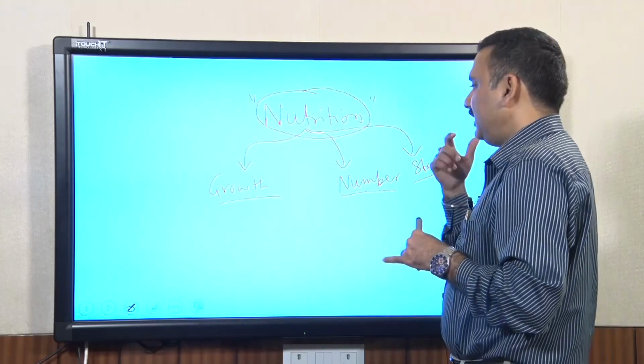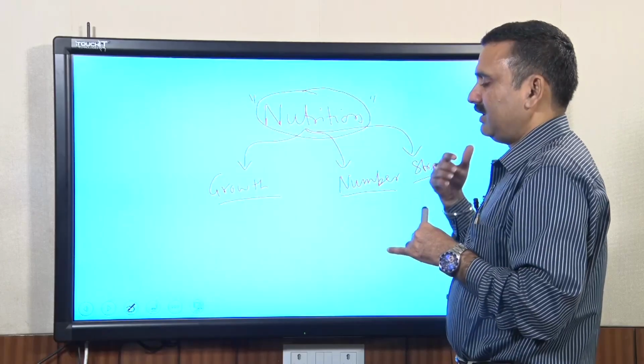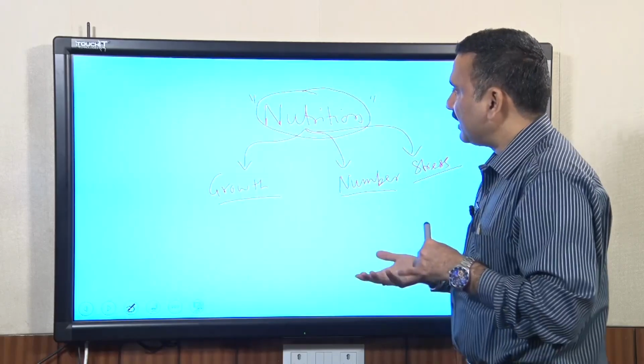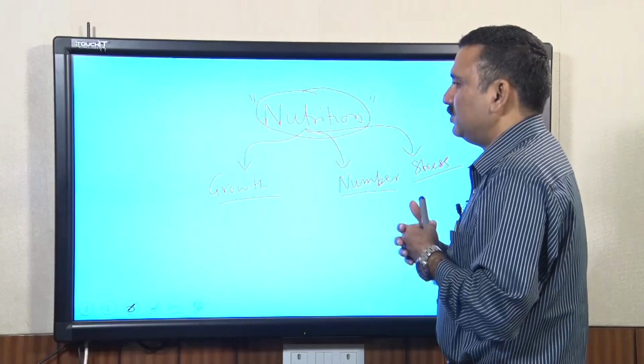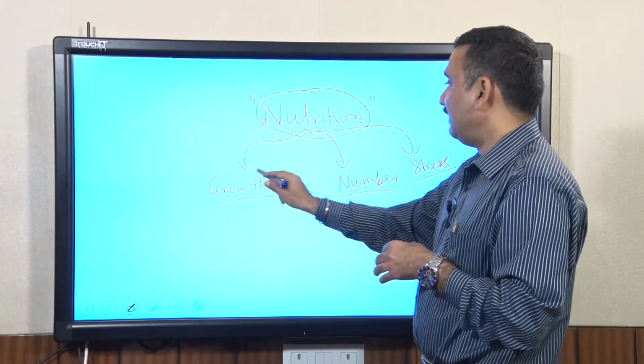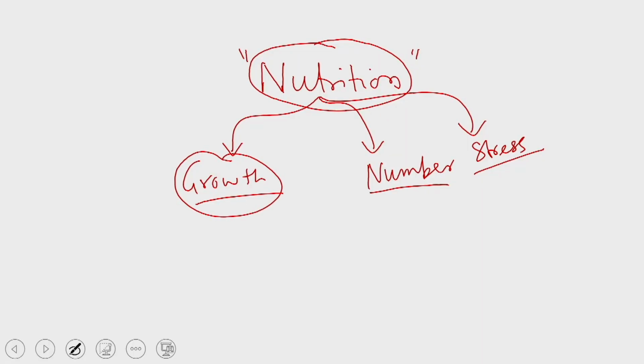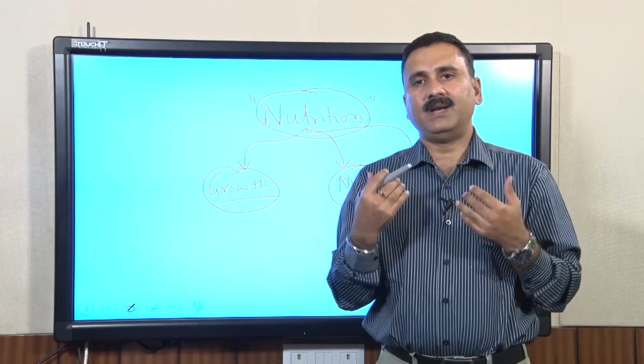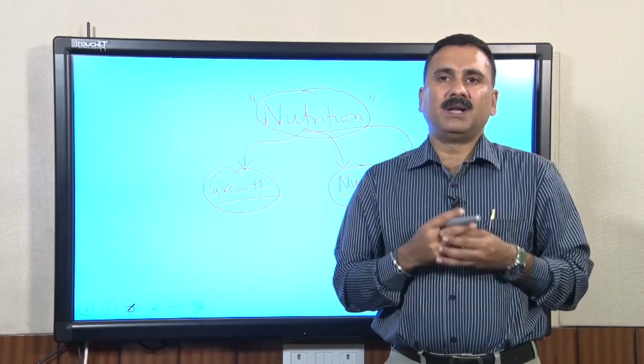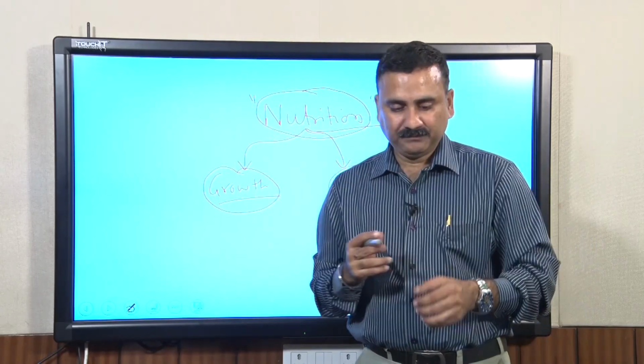Because of that, the media you prepare to provide nutrition to a particular organism, so that they grow, increase their number, and withstand the different environmental as well as biotic stresses, is very different. And the nutrient has to be provided in the form which the organism is going to accept.